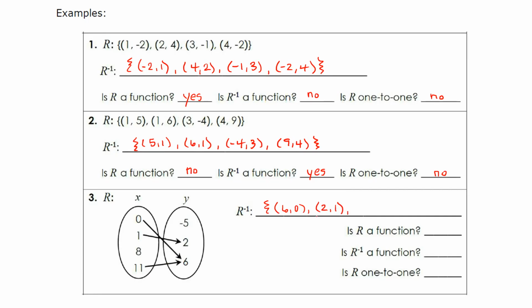And 11 to 6 would be (6, 11). And I see here that 6 maps to 0 and 11. So I know the inverse is not a function and the relation is a function, so we are not one-to-one.